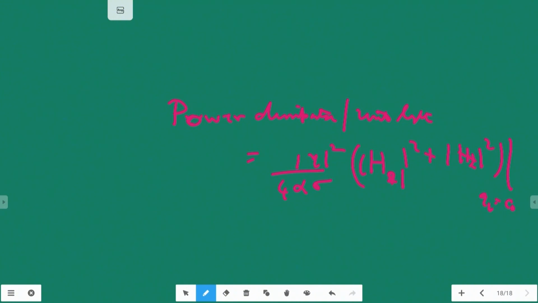Of course this will depend on Z also, so you have to integrate over the whole length to get the total power dissipated over the cavity.